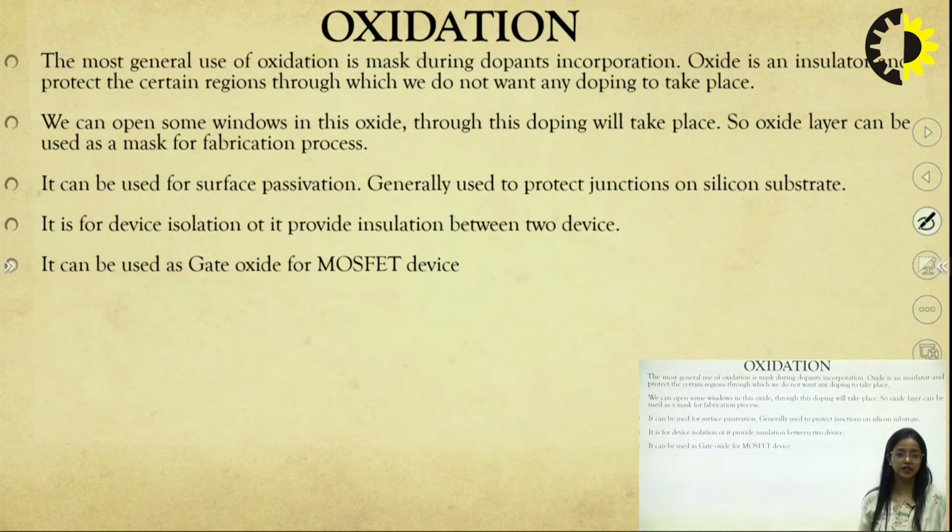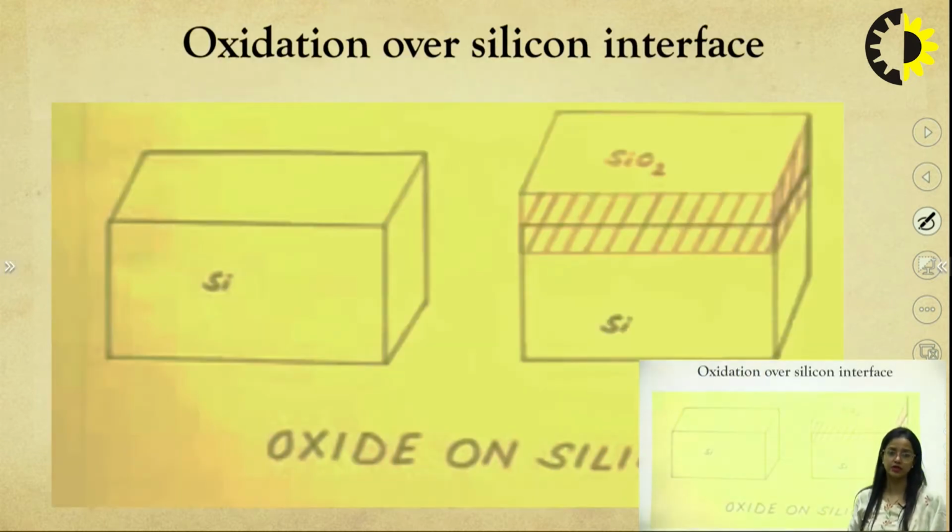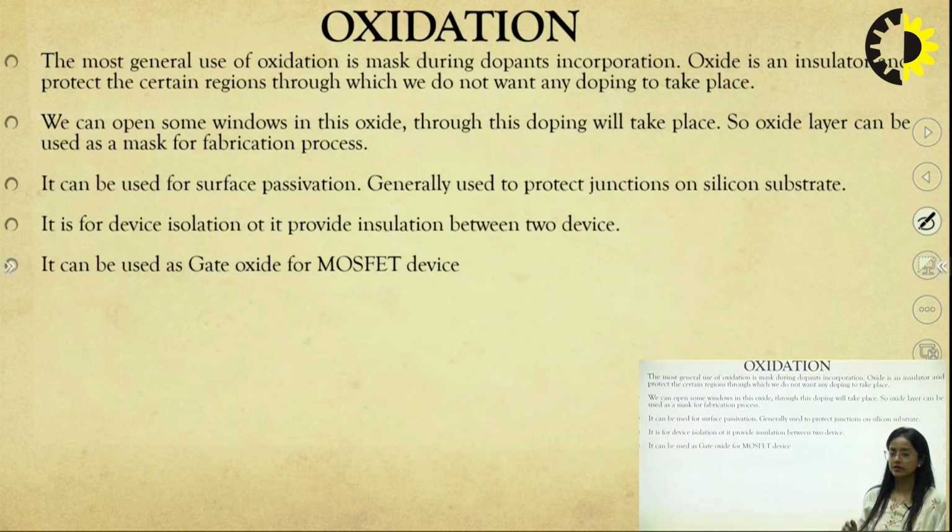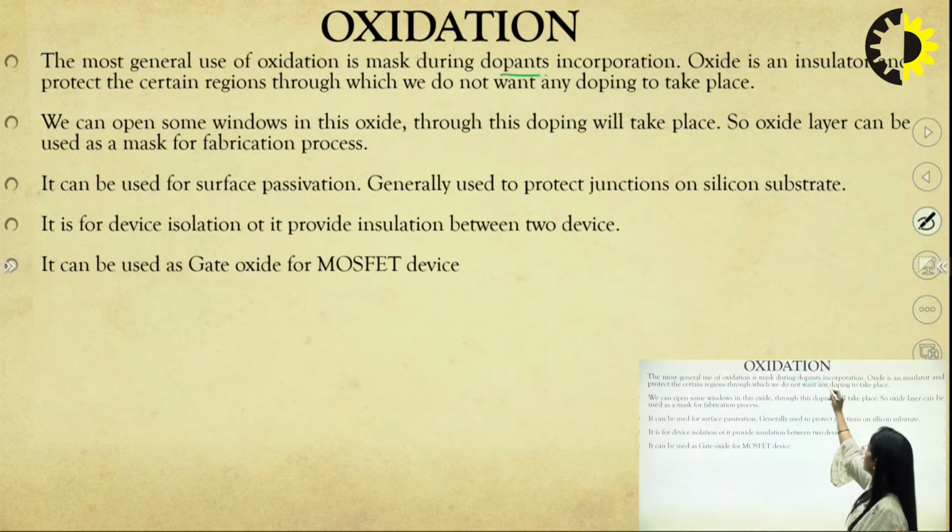Now the next thing, which this lecture is all about, is oxidation. The most general use of oxidation is as a mask during dopant incorporation. We have to put a layer of mask during dopant incorporation.